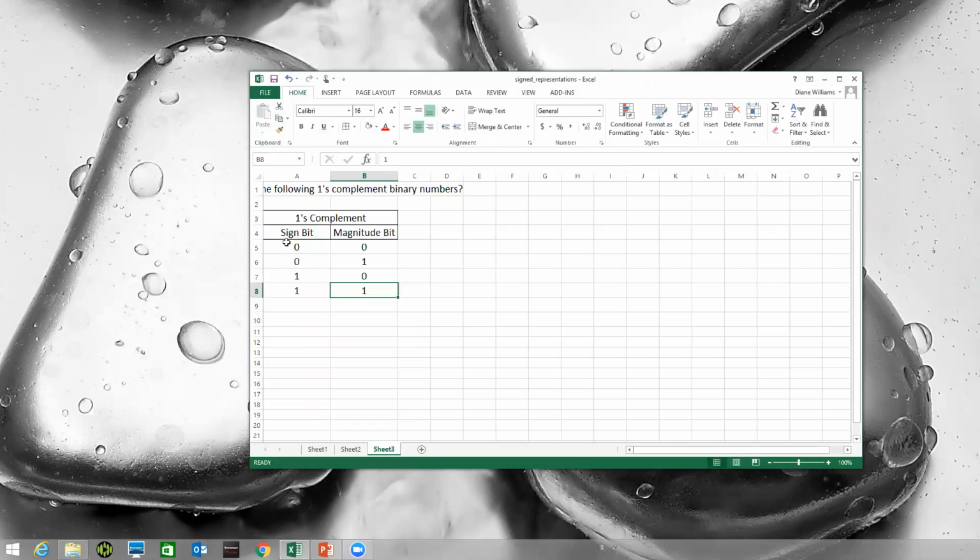So these numbers are in 1's complement form. Let's take a look at this one. We want to know what is the value. Our original question: what is the decimal value of the following 1's complement numbers?